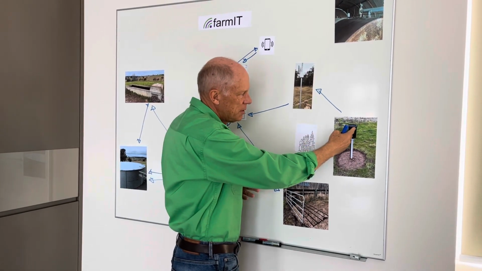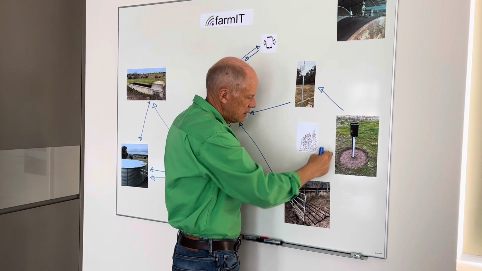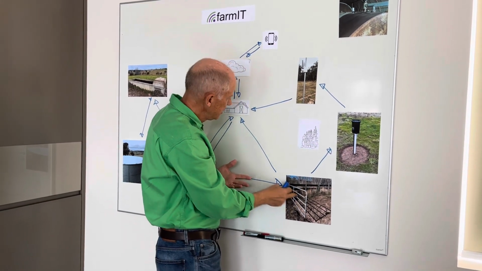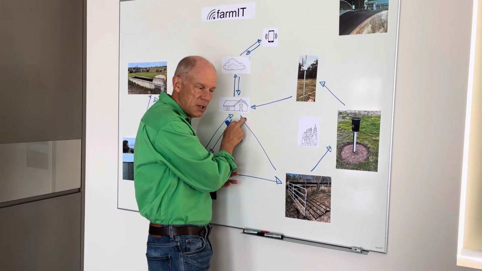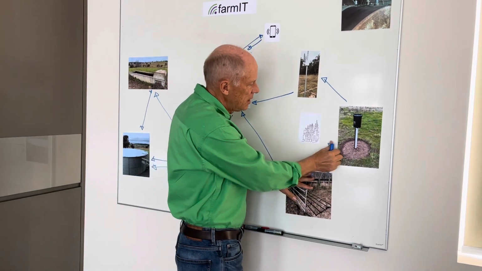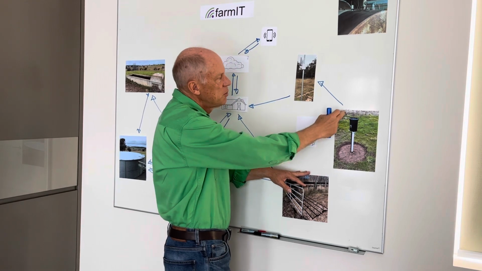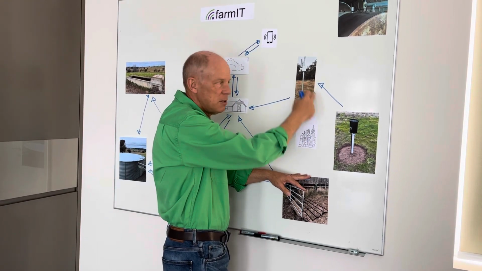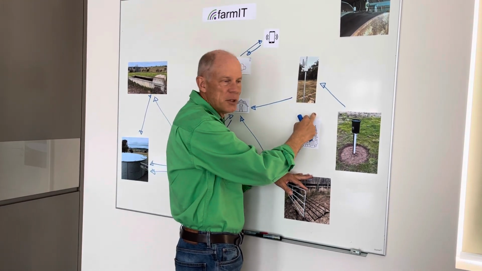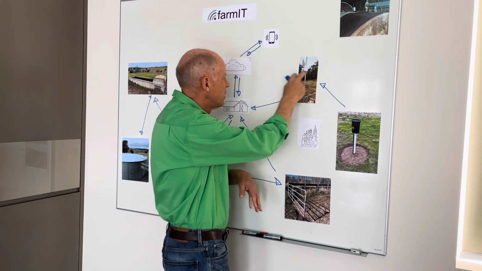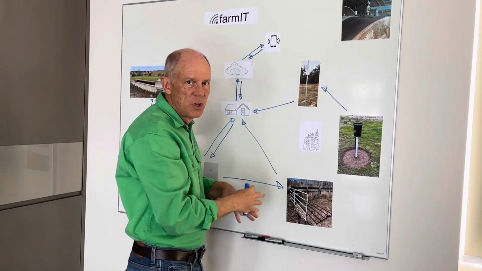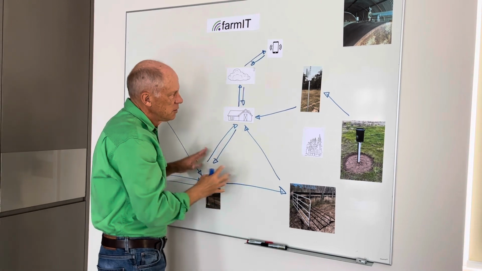Then what will happen is the sensor will send its signal here to the gate sensor, which will make its way to the house. But if this gate sensor wasn't here, and that signal couldn't go through, then we can always put a relay station in to relay the signal around the tree line and send it to the relay station and then to the house. So that's how the system works.